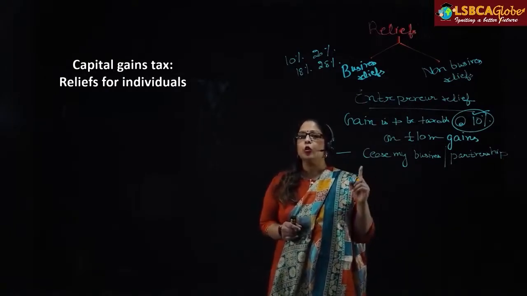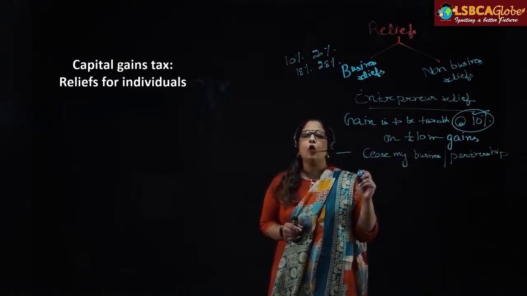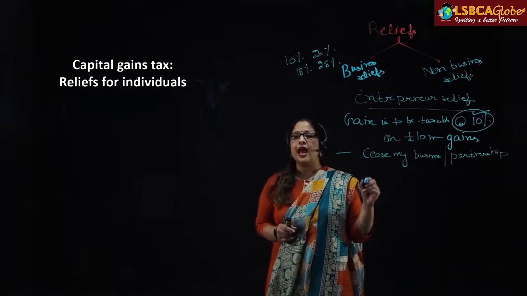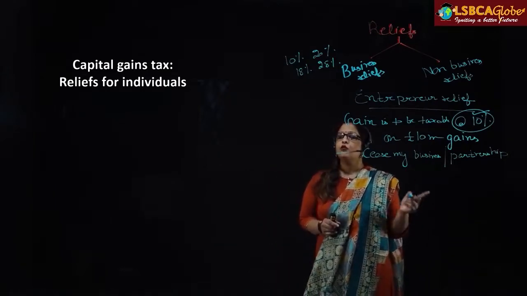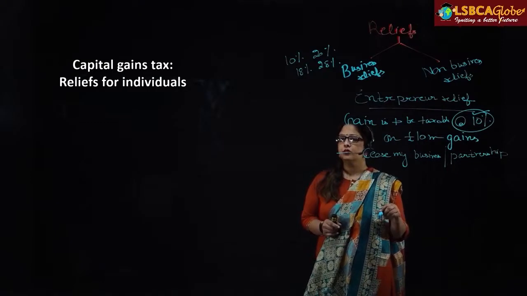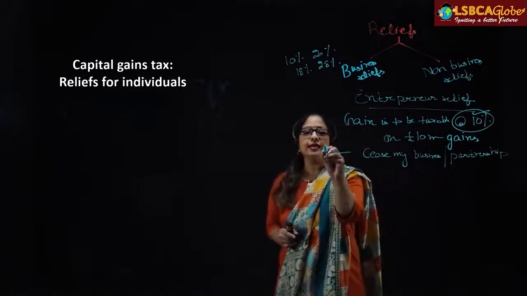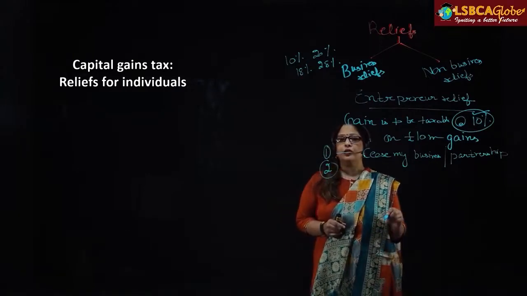So if I am closing my business and selling off all the assets, then whatever the gains arising on the closing of the business, on the first 10 million of gains the CGT rate is going to be 10%. Okay. These all are qualifying for the entrepreneur relief.